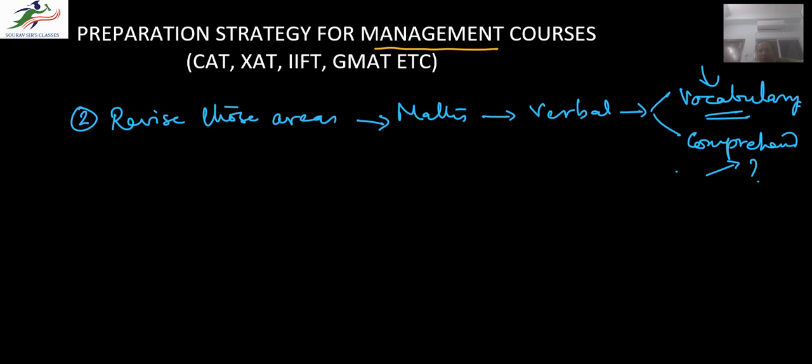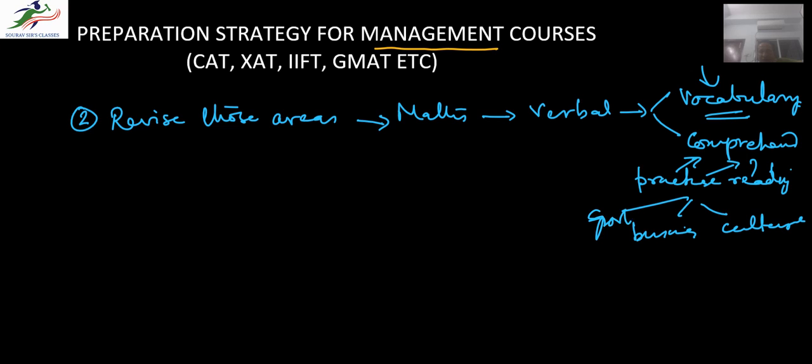If you are not able to comprehend, then you have to read it over and over again, practice reading of different kinds of topics, starting from business to culture to sports, everything that you can think of.